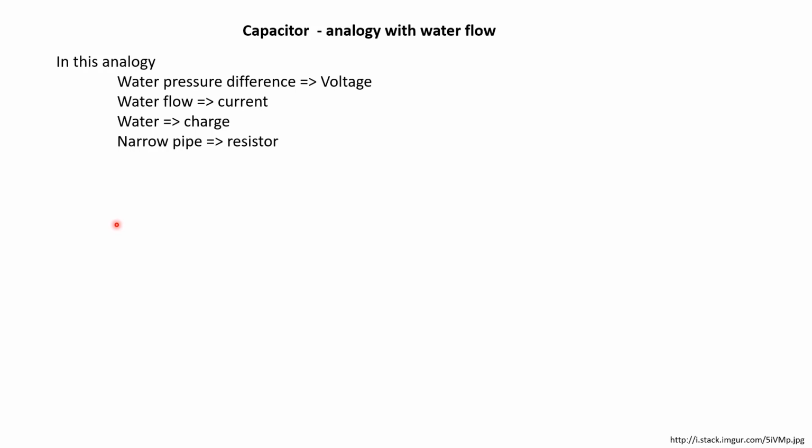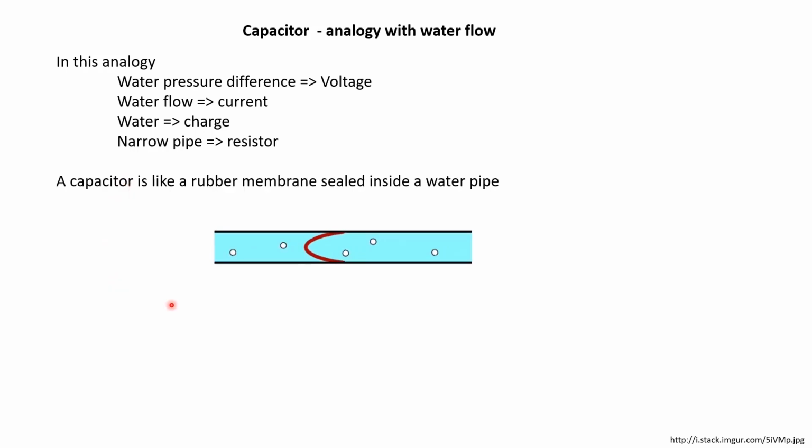Okay, so now let me show you one example in which a capacitor can be made in the case of water flow. So imagine a cylindrical pipe, and in the middle of that pipe we put a patch of a rubber membrane inside the pipe, and it is touching the inner surface of the pipe on all sides, and it is sealed so that no water can pass from one side of the membrane to the other.